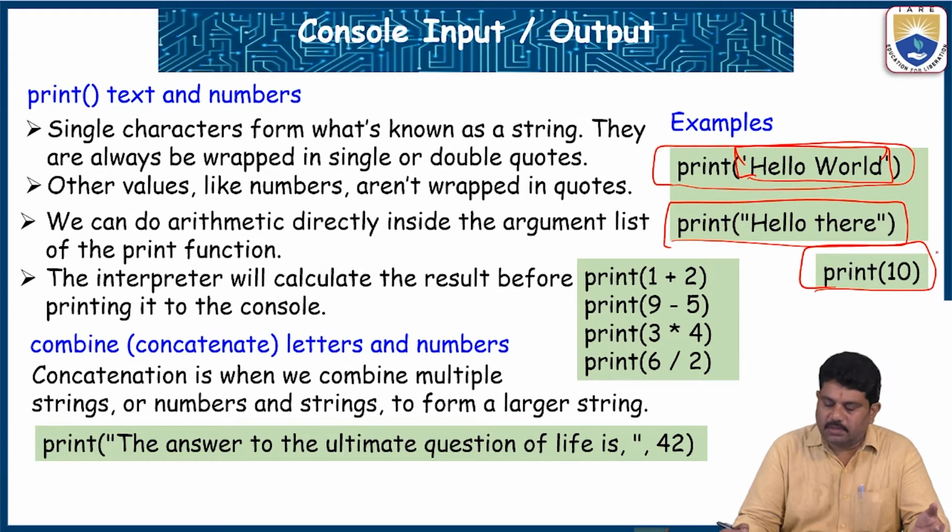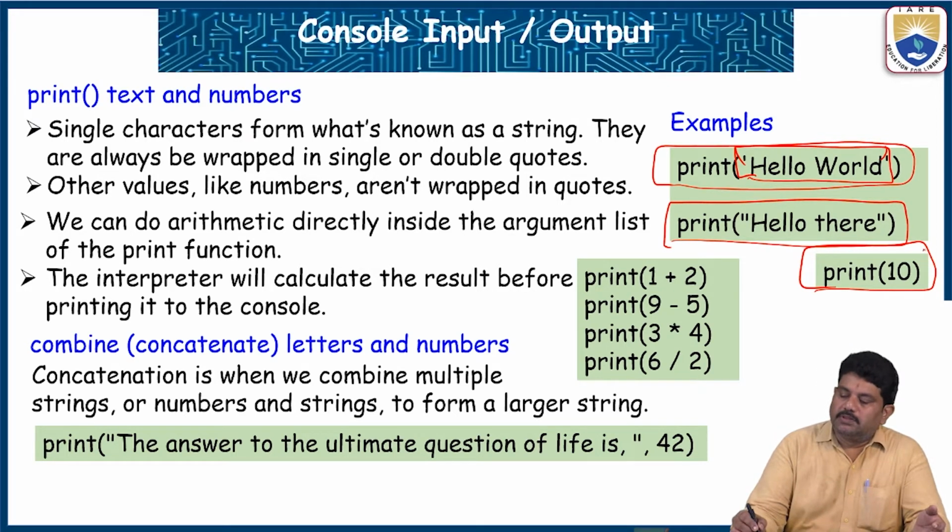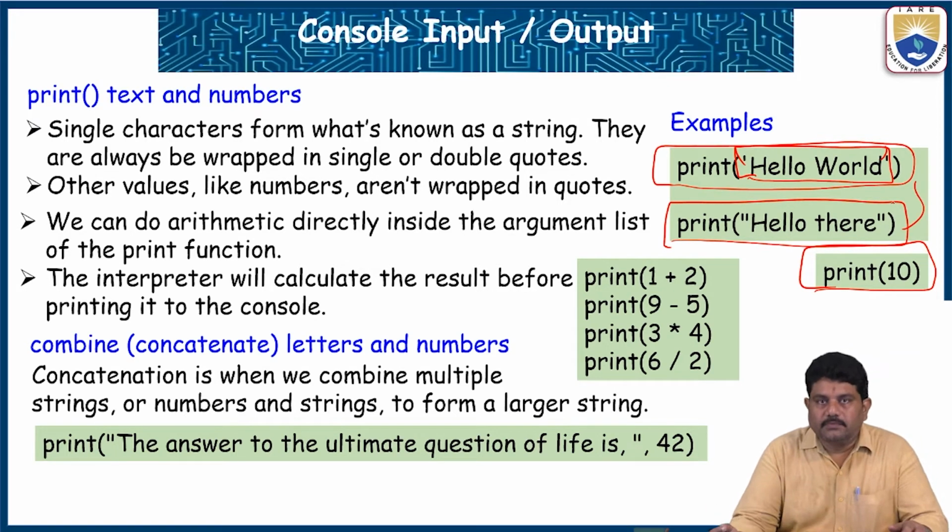For strings, sentences, or characters, we enclose them in single or double quotes, but for numbers it is not required. This is the difference you need to observe while using print for text and numbers.